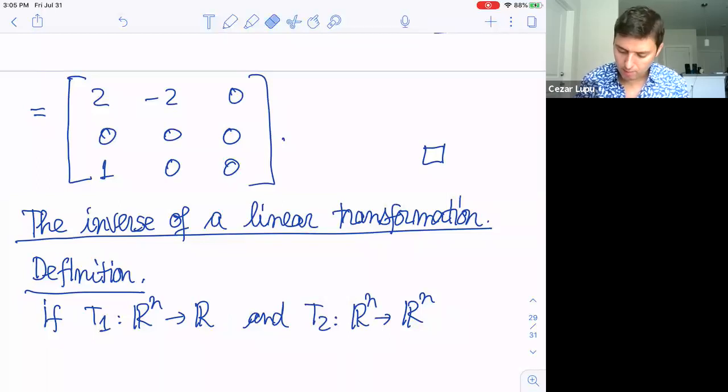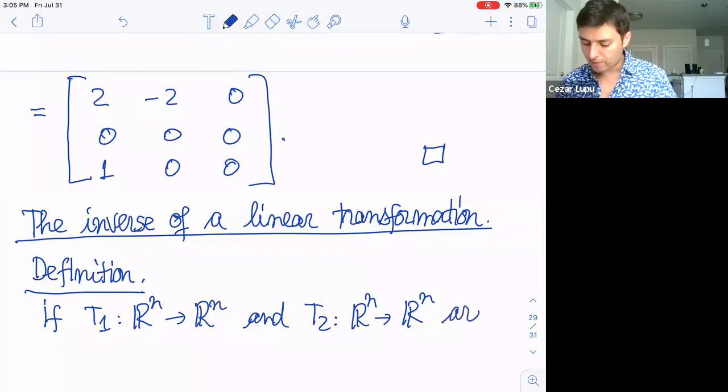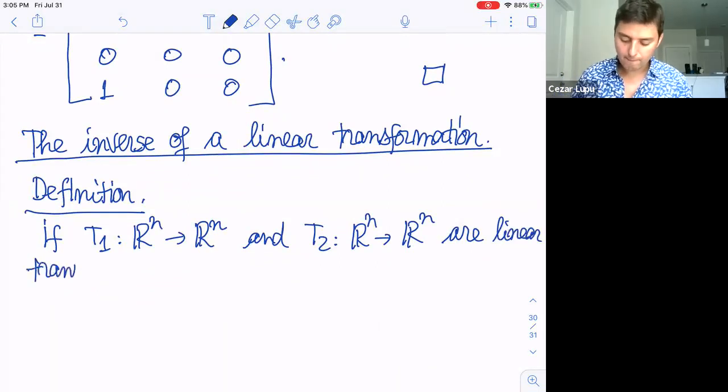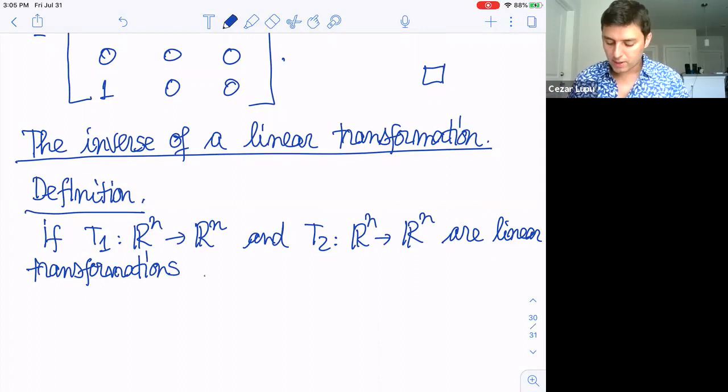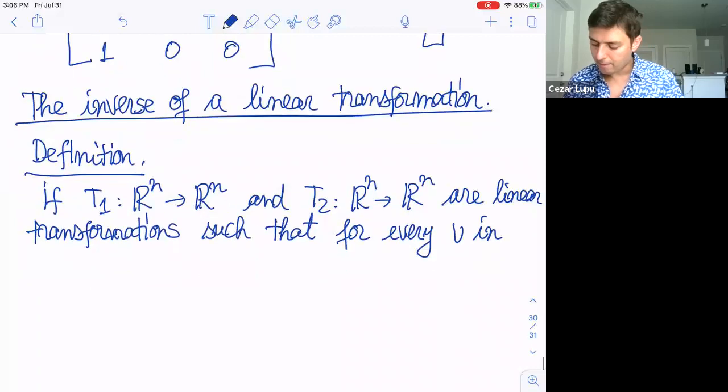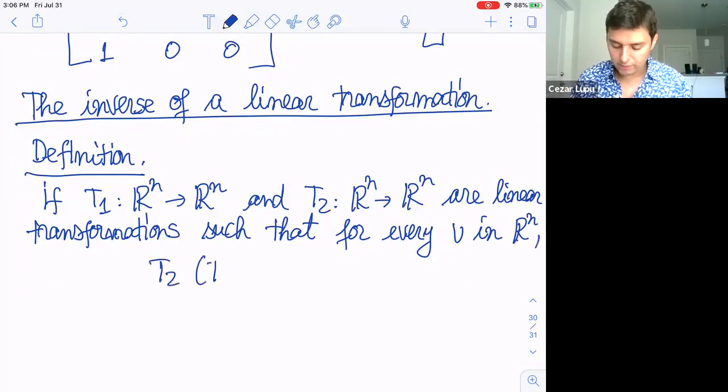What am I saying here? Okay, our linear transformations such that for every V in Rn, we have that T2 of T1 of V is V.